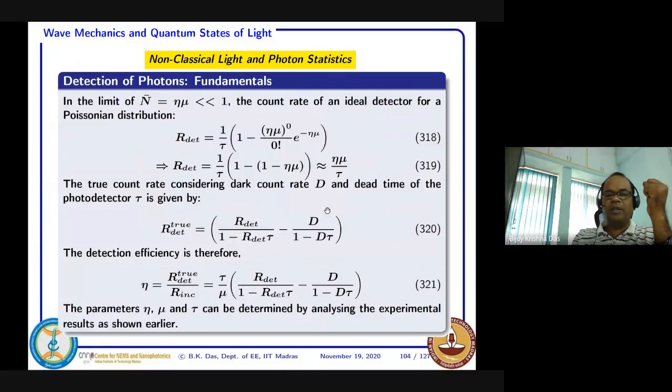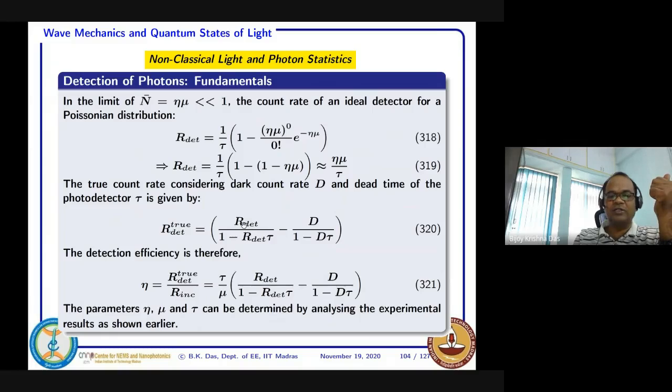So when you are getting experimental results deviating from this expression, we need to know the real count, subtracting dark count and considering the dead time. So the true detection rate you can actually calculate from whatever value you are getting in your measurement.